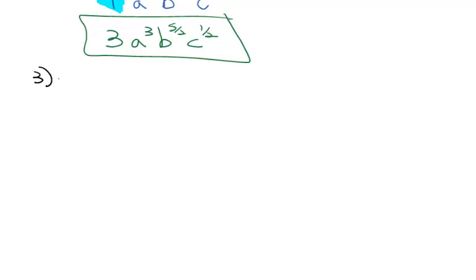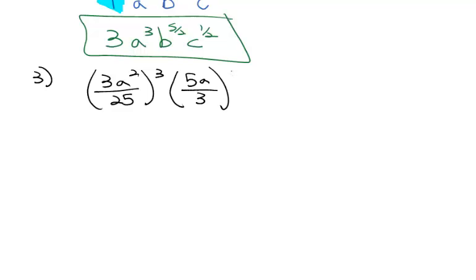How about this one? If we have 3a squared over 25 cubed times 5a over 3 to the 5th power. To kind of help us out with these numbers, because the numbers are going to get huge, we're going to keep them in their factored form.